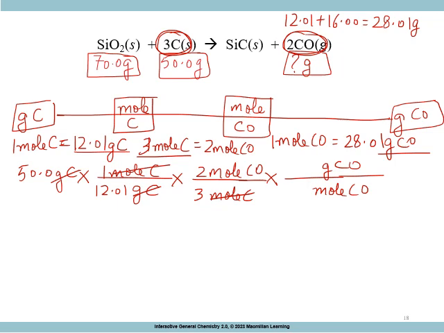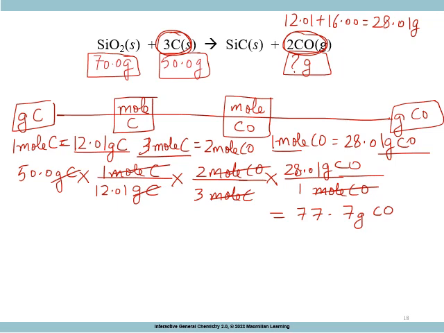How many? 1 mole of CO, 28.01 grams. Moles gone. Left is grams of CO, which if you plug it into your calculator will give you 77.7 grams of CO. So you get 77.7 grams from 50 grams of carbon.